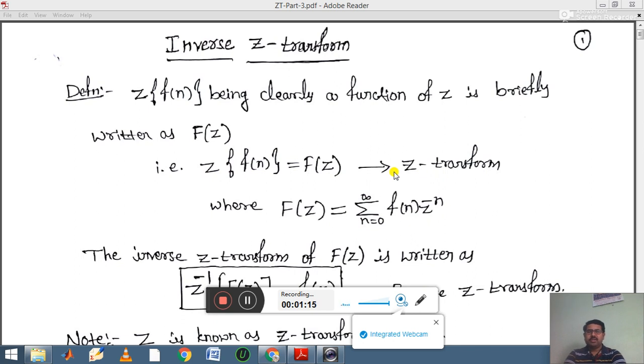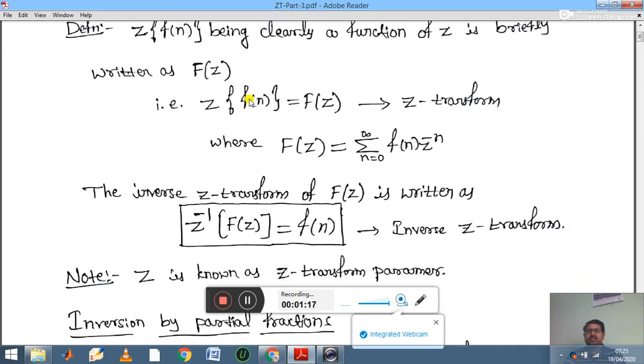And to get the inverse Z transform, here Z you send it to the RHS side, it becomes Z inverse of F of z is equal to f of n. So this is the inverse Z transform definition. When you are sending this Z to the RHS side, it becomes Z inverse of capital F of z is equal to f of n.